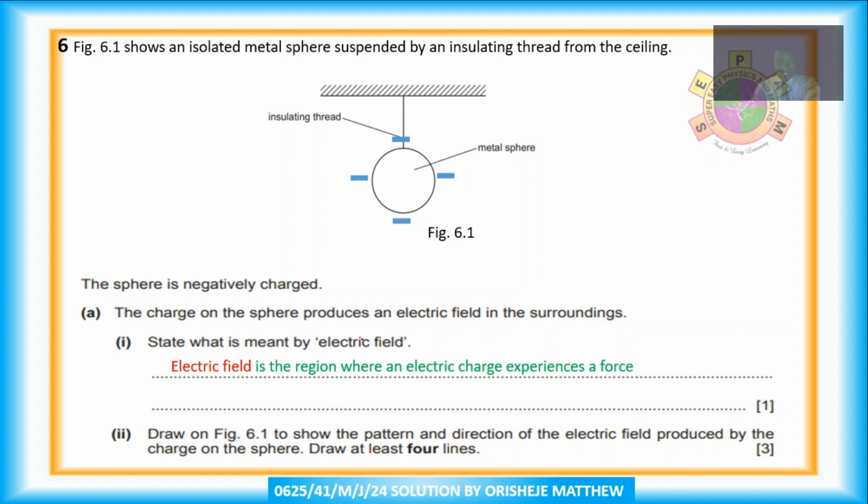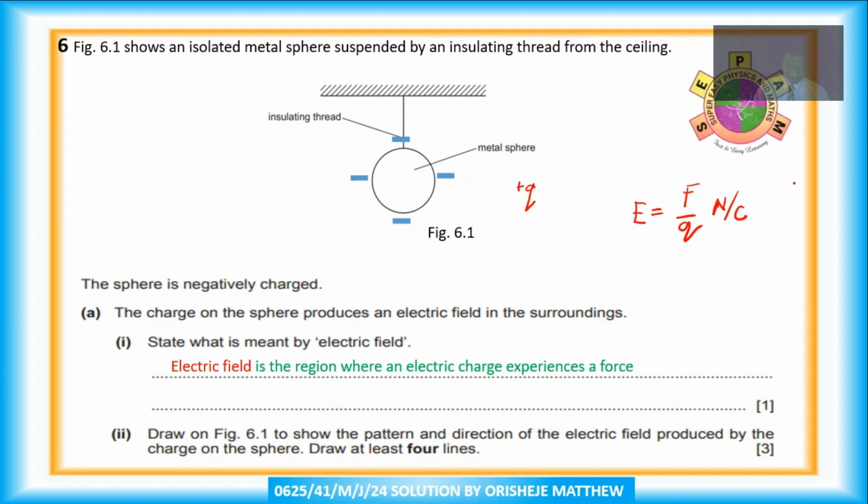So if you have this particular sphere and it's negatively charged, and I bring another charge close to this point, a positive charge, the force that it will exert on this red charge, if you divide the force by the quantity of charge, will give you the electric field. So electric field E is equal to the force exerted per unit charge. That's why the unit of electric field is newton per coulomb.